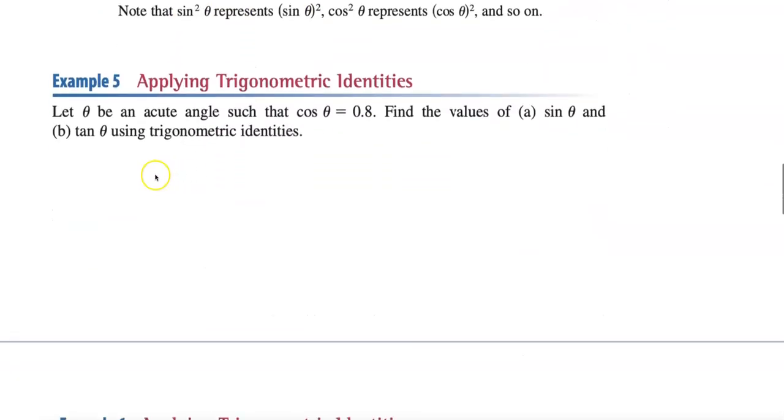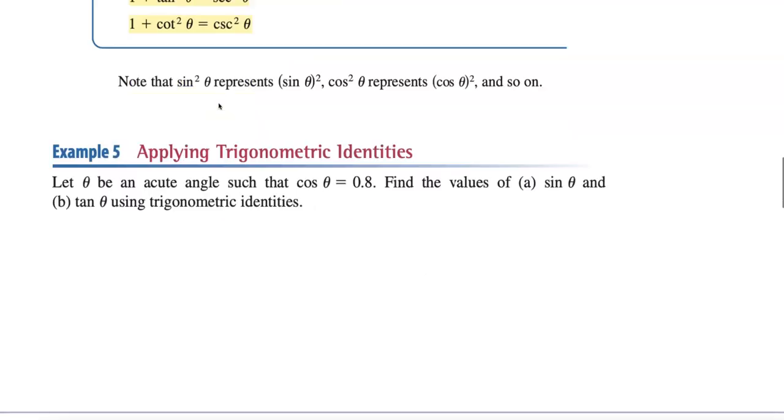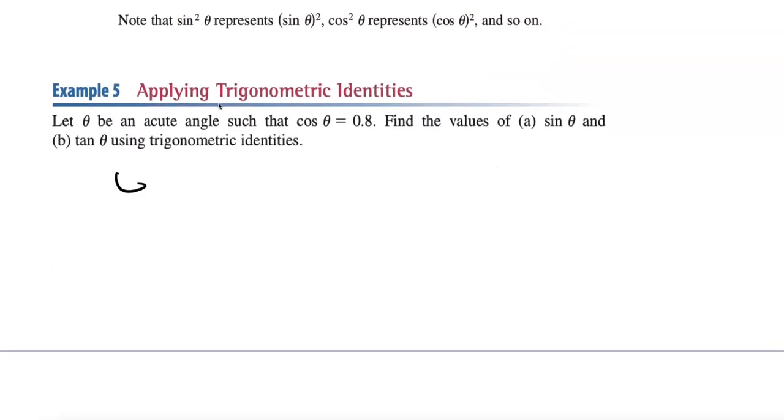Okay, let's solve some more problems. Let theta be an acute angle such that cosine theta equals 0.8. Find the values of sine and tan. So what they want you to do is to use this formula here. So you plug in 0.8 for cosine, solve for sine, and do all that good stuff. What I do is I make a triangle. So this is cosine over 1.